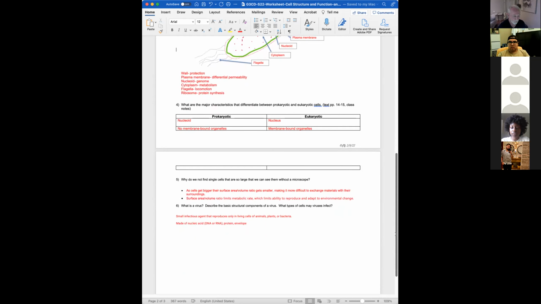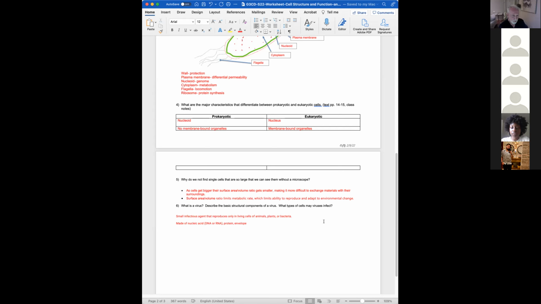Why do we not find single cells that are so large that we can see them without a microscope? And the important words here are single cells. So we're not talking about why the cells of a multicellular organism are small, but why cells of single-celled organisms are small.